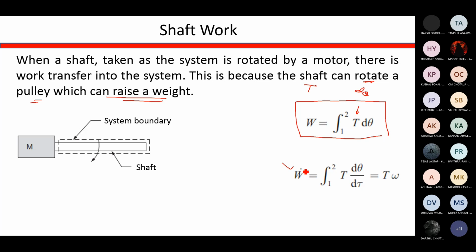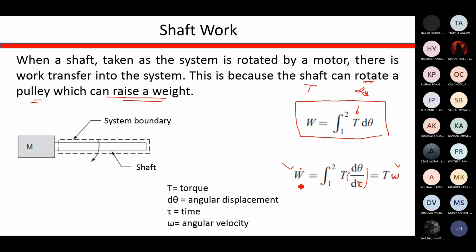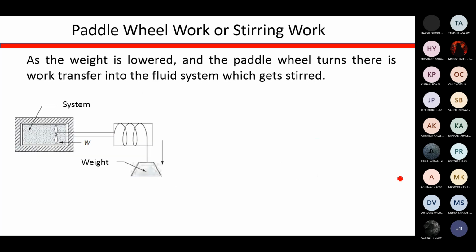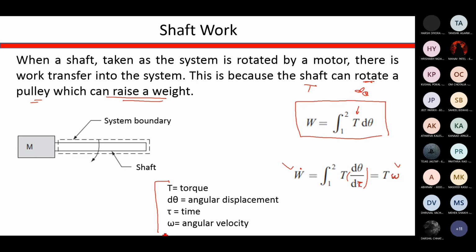So W will be replaced by W dot, and then you are writing this d theta by d tau term, and this d theta by d tau is nothing but the rate of angular displacement, which is the angular velocity omega. So this is how finally you can write the rate of doing the shaft work W dot will be the torque into angular velocity. Clear? So note down these symbols which we are using. T for torque, d theta is angular displacement, tau is time, and omega is the angular velocity. So this expression is important for us.